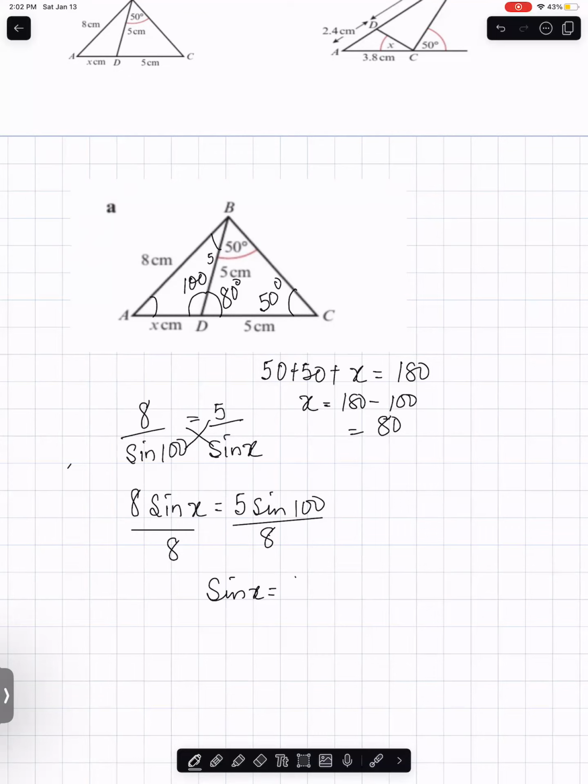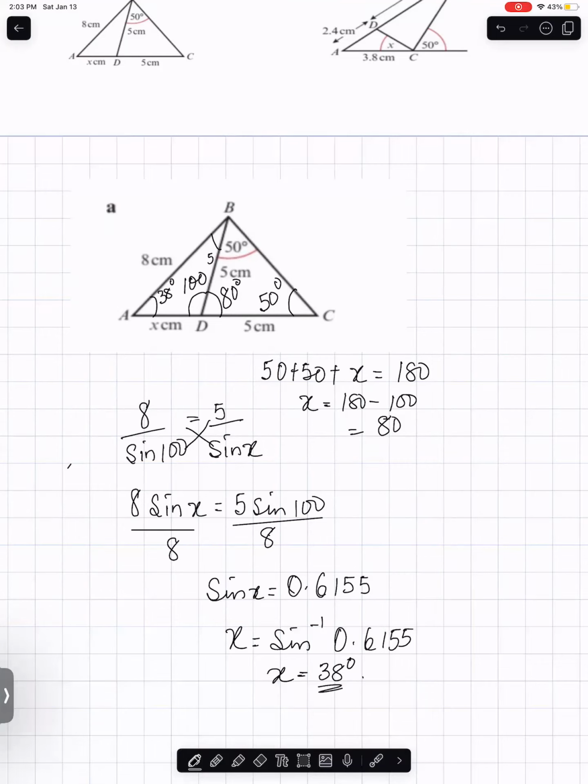And that gives us 0.6155. So on your calculator, we have sine inverse of that, which gives 37.9888. That is approximately 38 degrees. So we've gotten our angle at that point as 38 degrees.